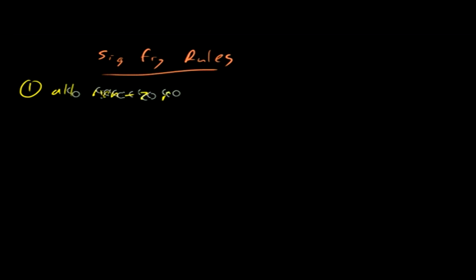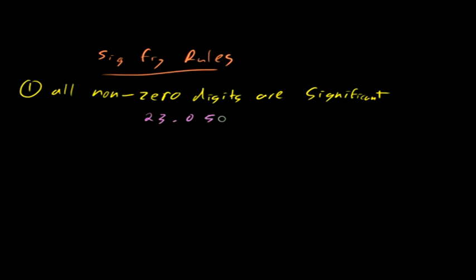non-zero digits, or actually, I shouldn't say numbers. All non-zero digits are significant. So if, let's say, I gave you an example of 23.05670, something like that, we already know, based on this rule, that every non-zero number is significant.